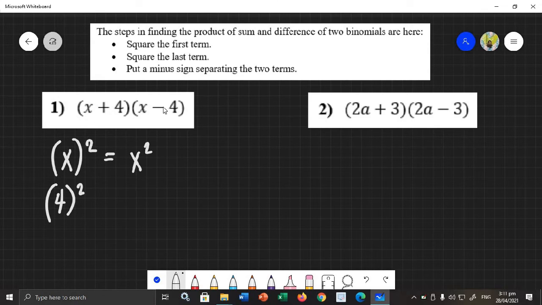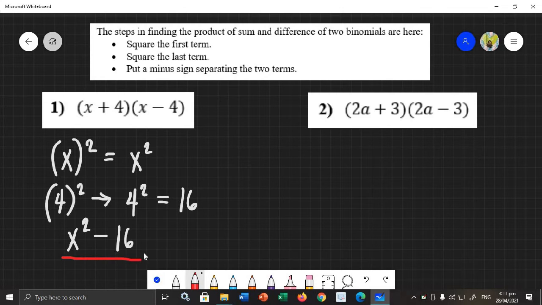Just don't mind the signs. 4 raised to the second power can be simply written as 16. Then we combine these products and put a minus sign to separate the two terms. We first write the first product, x raised to the second power, then put a minus sign and then 16. The answer here is x raised to the second power minus 16.